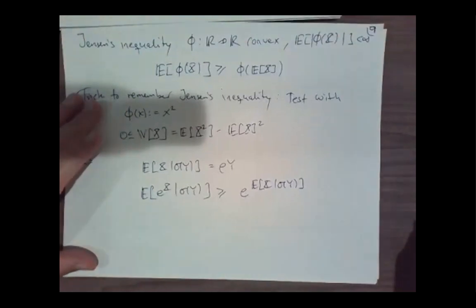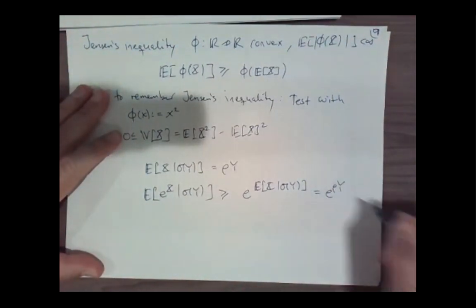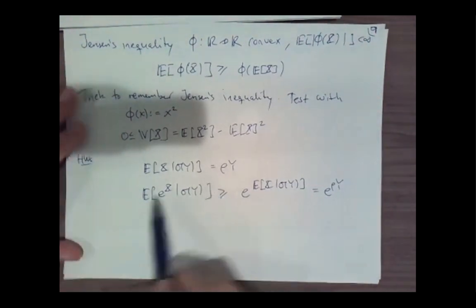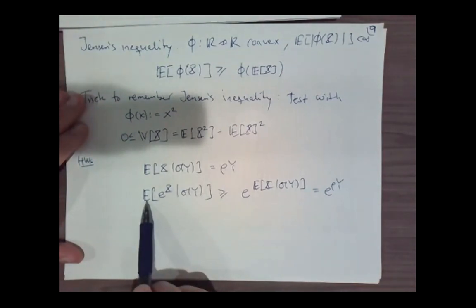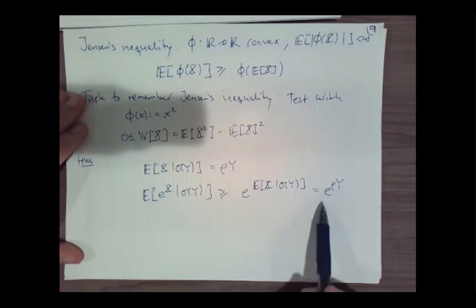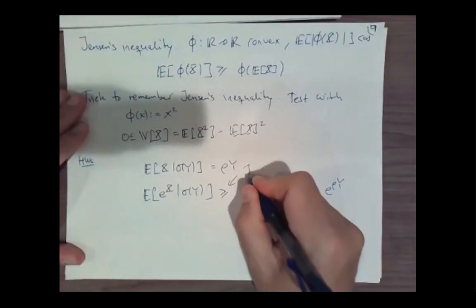So I'll get that this here is e to the rho y, by what we did in class. So you know from the get-go that this conditional expectation that you're trying to compute is bounded from below by this number, by Jensen. This one here is Jensen.